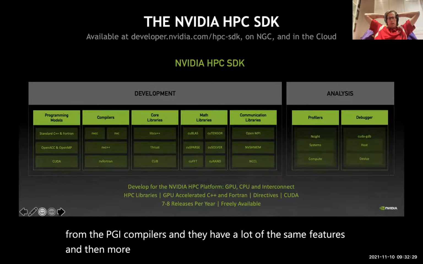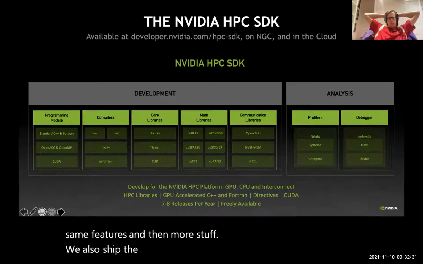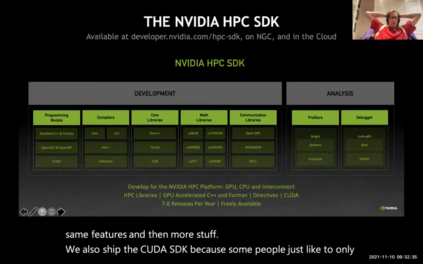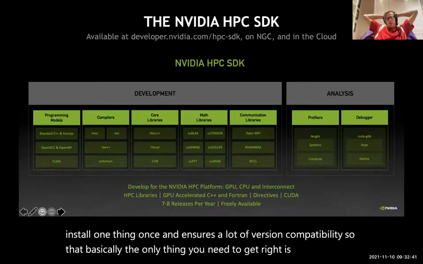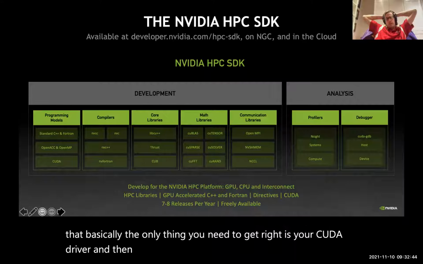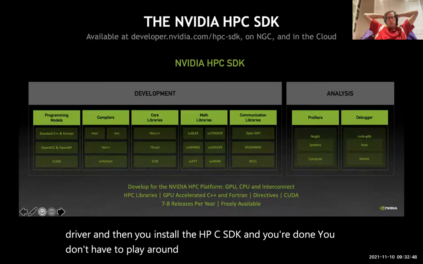We also ship the CUDA SDK because some people just like to only install one thing once, and it ensures a lot of version compatibility, so that basically the only thing you need to get right is your CUDA driver, and then you install the HPC SDK and you're done. You don't have to play around with installing CUDA separately.